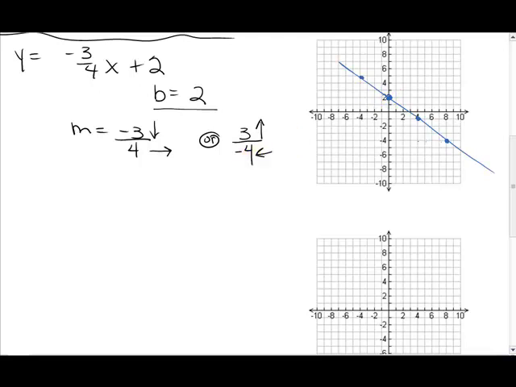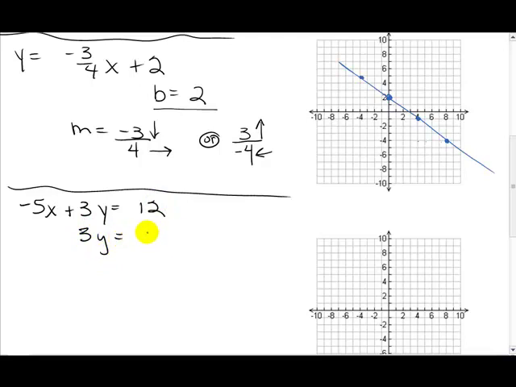Let's look at another problem. We have negative 5x plus 3y equals 12. We've got to get the 3y by itself first. So we've got 12 plus the 5x.